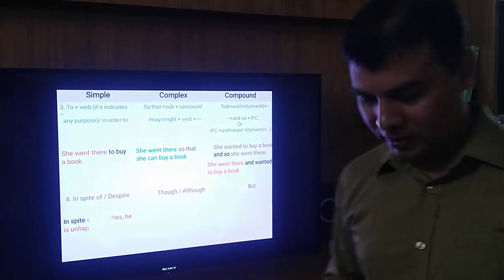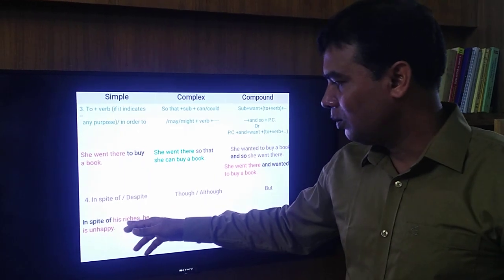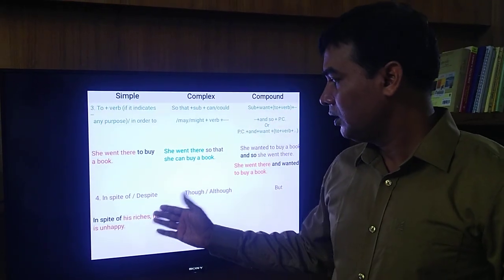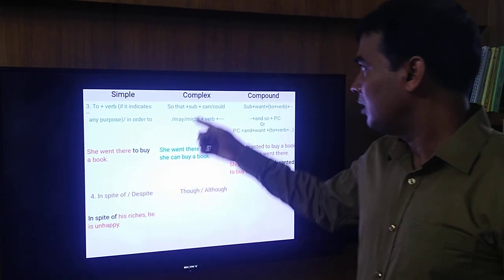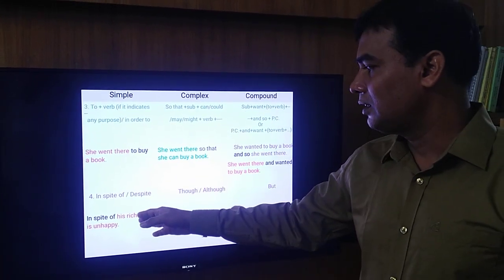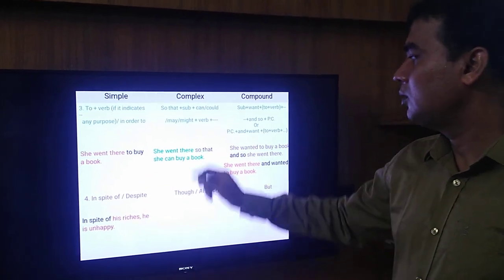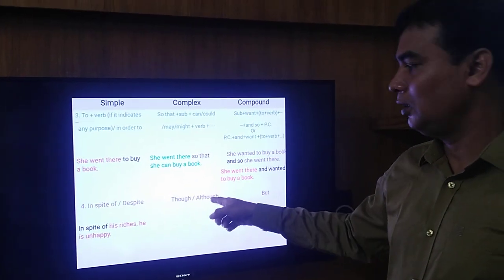Okay, for example: in spite of his riches, he is unhappy. Okay, so in spite of his riches, here instead of "in spite of", we can use "though" or "although".